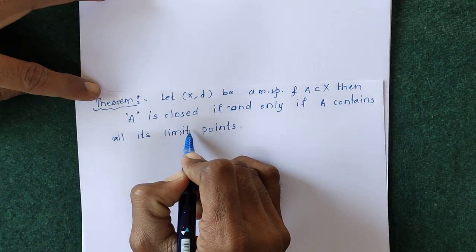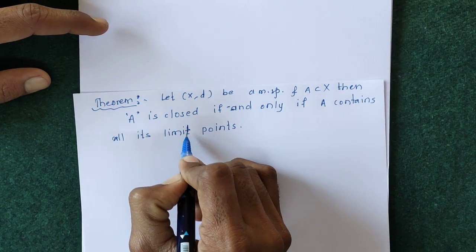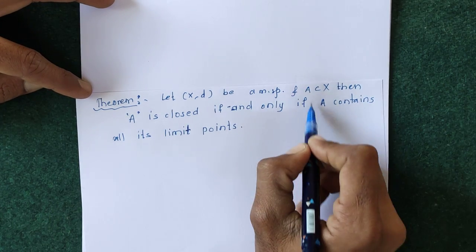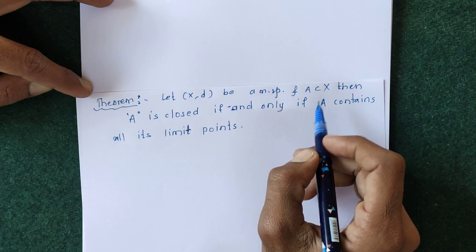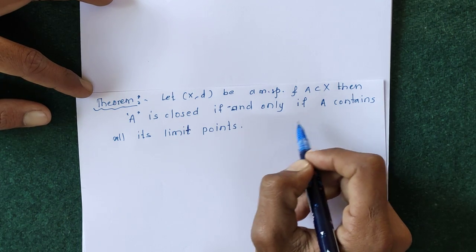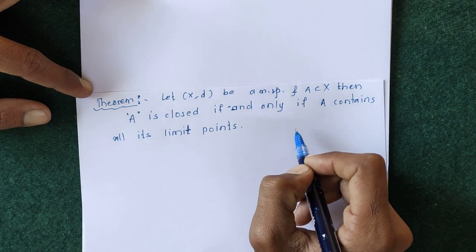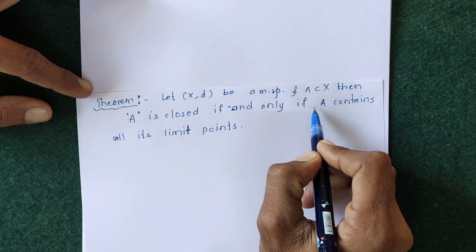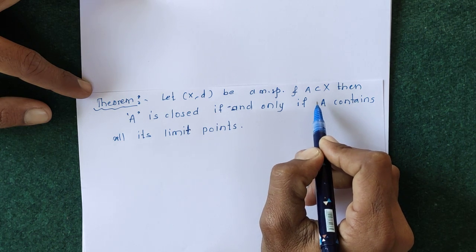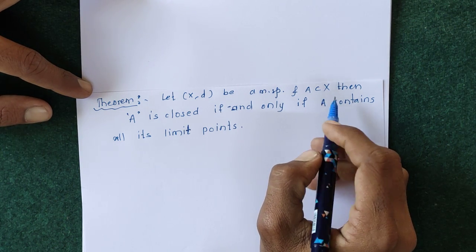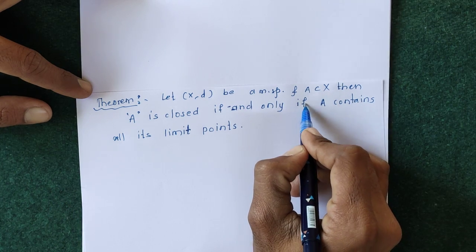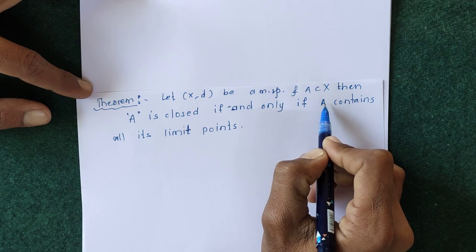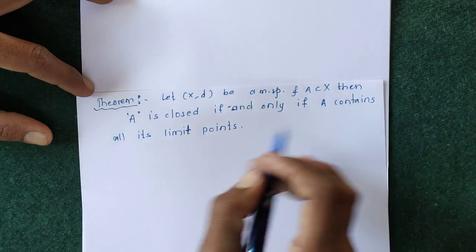As we discussed in the previous video, x is said to be a limit point of the set A whenever for all radius r greater than 0, if we draw the open sphere with that radius centered at x, then the intersection of that open sphere with A must contain at least one point other than the center.